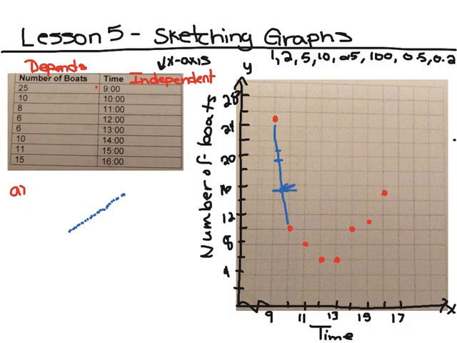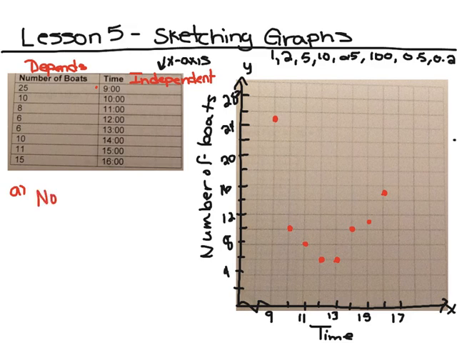If we hit right here, between 15 and 16, that would mean you'd have to hit half of a boat. Can you have half of a boat? No, you can't have half a boat. So you can't actually have every point between these points. You can only hit the red dots.